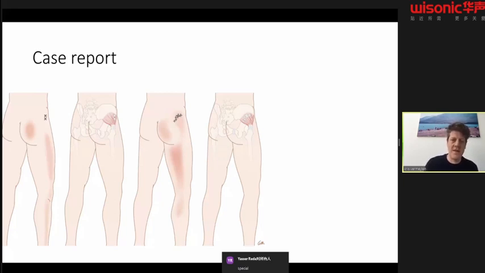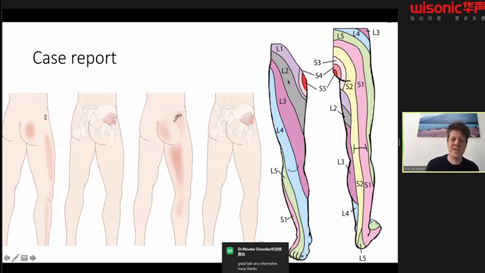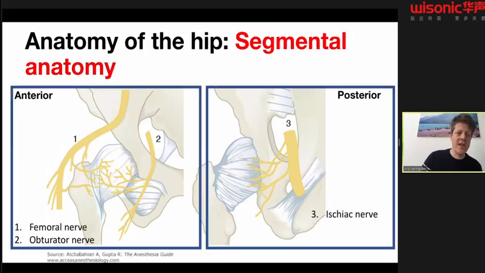For the posterior part, Philippe already told you that posterior innervation is maybe less important, but can be very important as well. For the posterior part, we need a posterior technique. That's why I like to think not only in terms of the difference between the Peng and the Fascia, but I think it's much more important to look for the difference between the anterior and the posterior segmental anatomy.